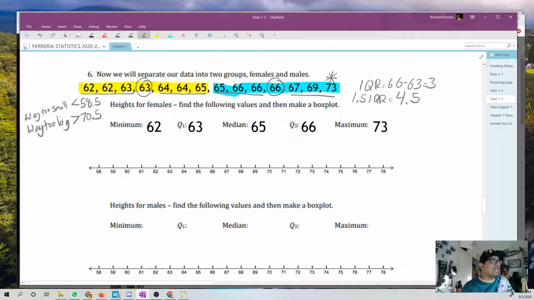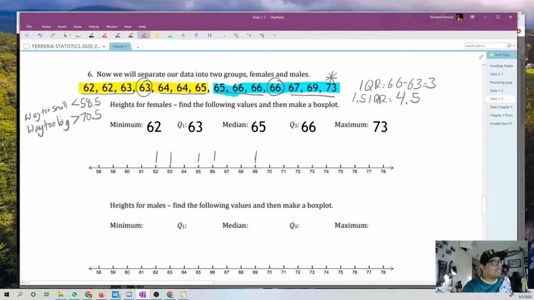In this case, we're going to make a modification to our box plot. Let's start off by plotting our 62, our minimum, Q1, median, and Q3. Then we look for the biggest height that is not an outlier, and that is 69.